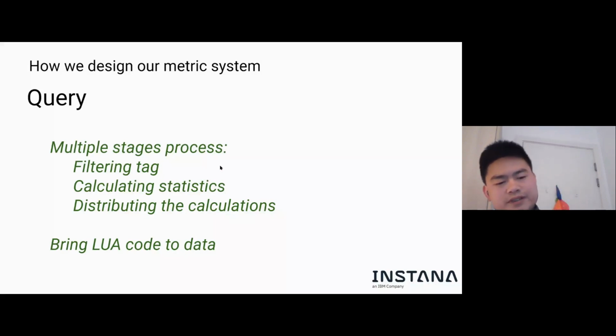So the next step is how can we query it? The idea here is that the query needs to be flexible, so that the customer can ask sophisticated questions, right? To do so, we break down the query process into multiple stages, right? So when customers send in a query, it's actually processed in multiple steps until the result is returned.